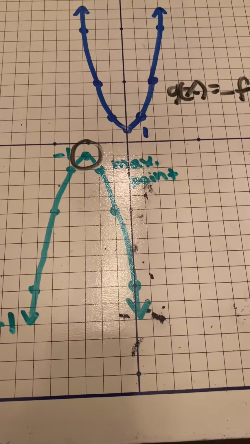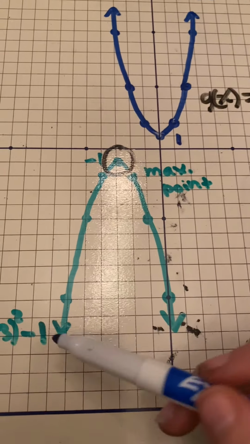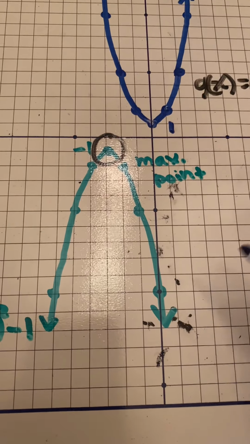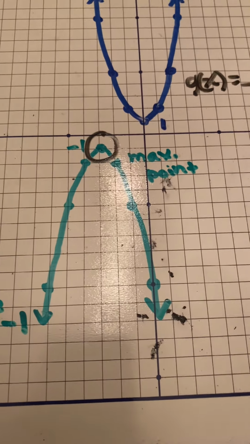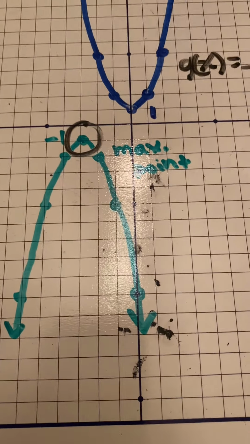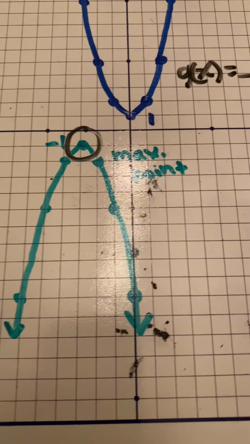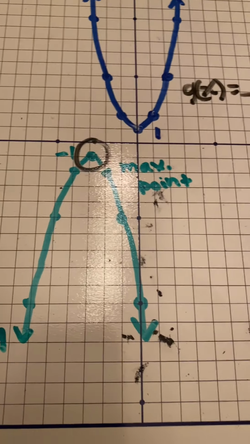So let's continue. We know that this is your maximum point, and since your parabolas are continuous in this case, it will keep going down and further down, so your domain will eventually reach all the real numbers, basically all the way to negative infinity. That's what we're thinking.